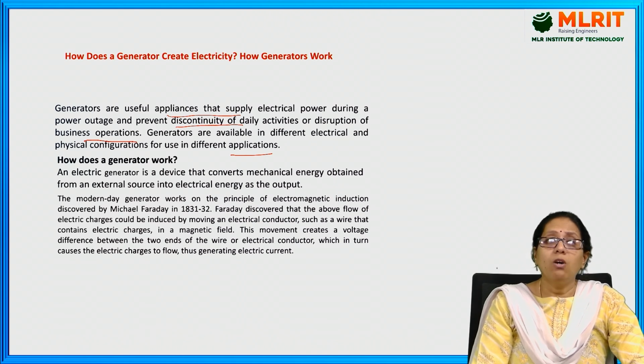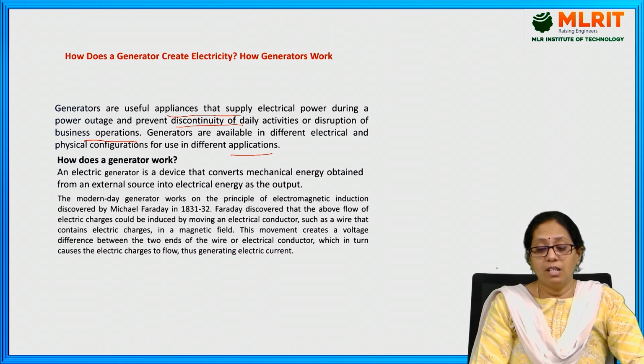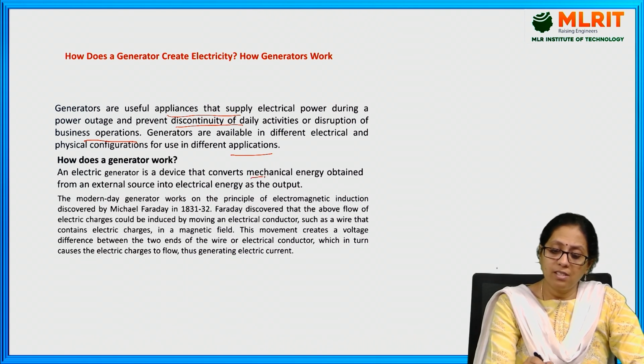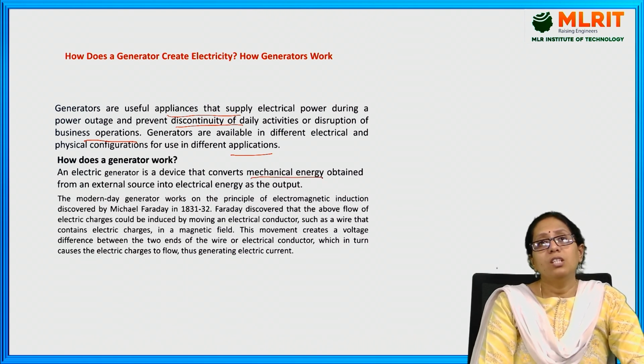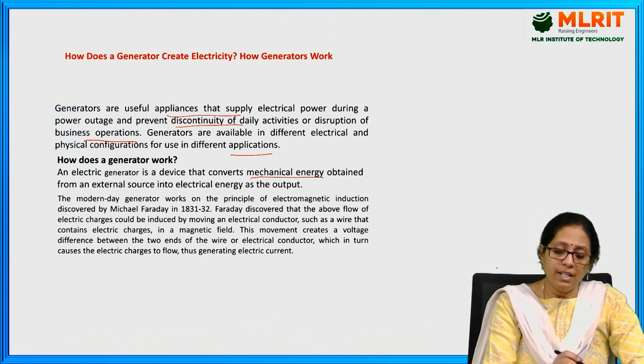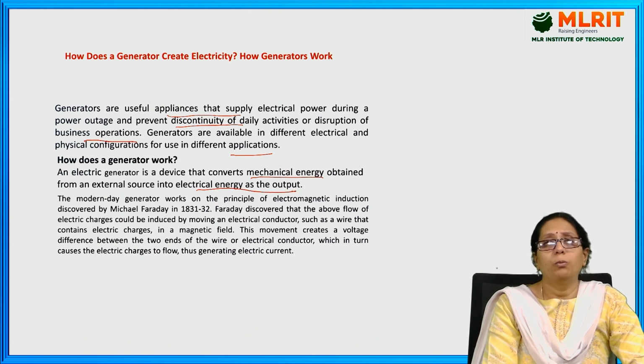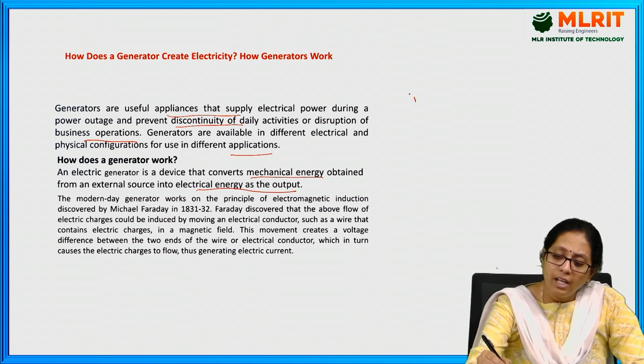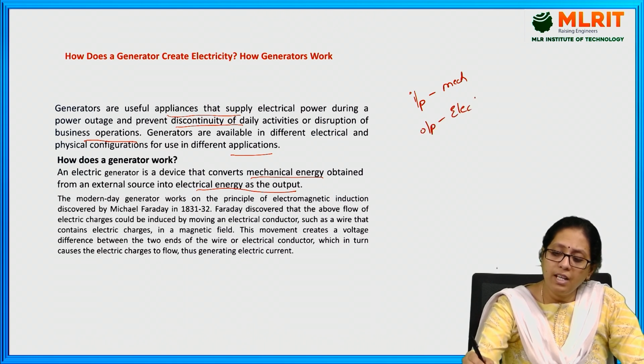So, how does a generator work? An electric generator is a device which converts, as I said, mechanical energy obtained from an external source to electrical energy as the output. That means the input is the mechanical energy and the output is the electrical energy.